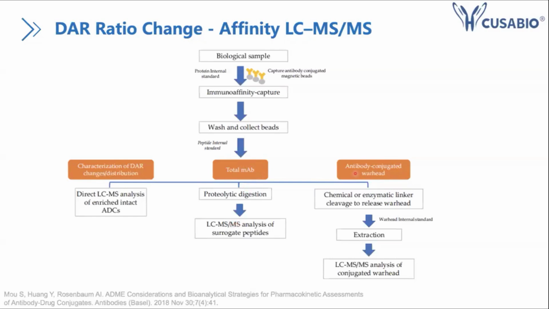If we care about the payload, then we can use the drug assays to release the free payload and then perform mass spec to capture it. This is basically the same as what I mentioned before, the hybrid assay, combining the LBA together with mass spec. With the advantages of both, you can increase the sensitivity and the specificity.